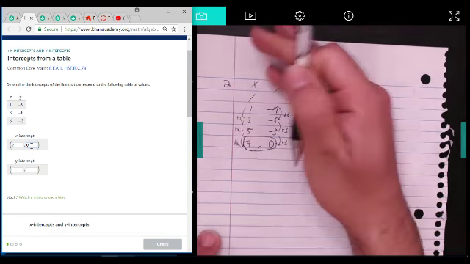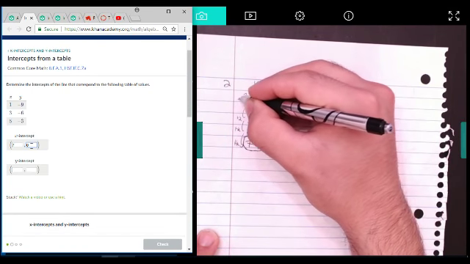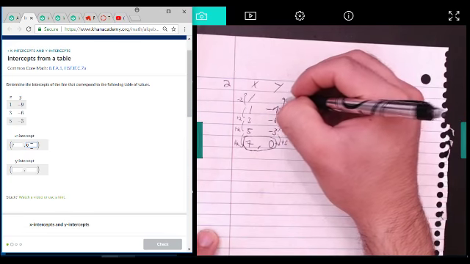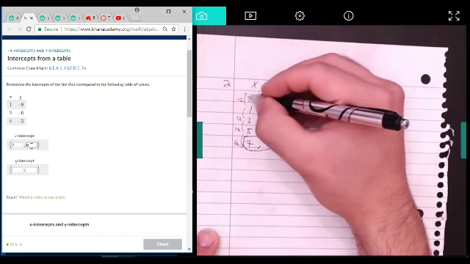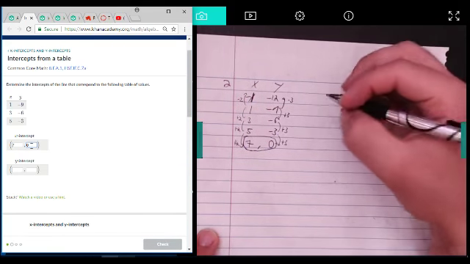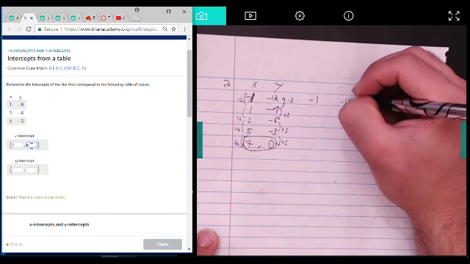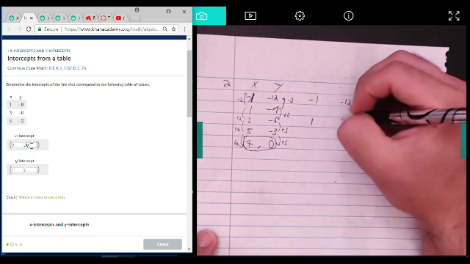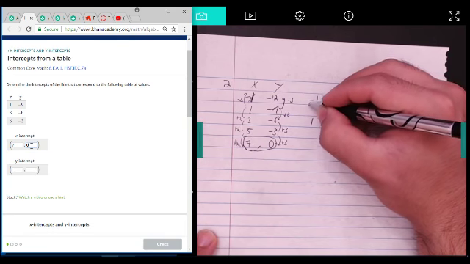So let's go backwards this time. So if we go -2, -3, we'll have a value of -1, -12. So we need to find the values in between -1, -12, and 1, -9.